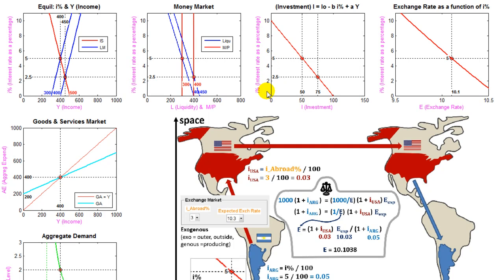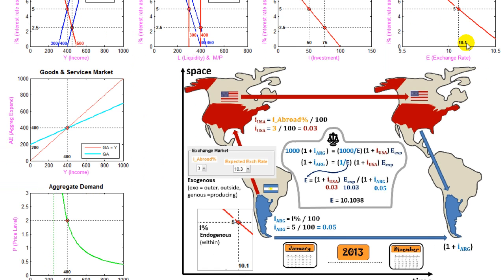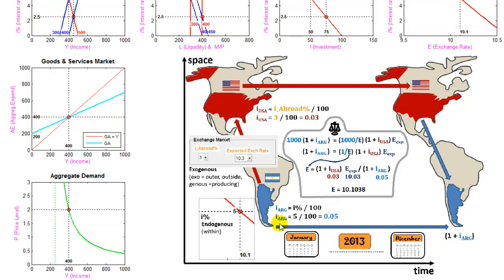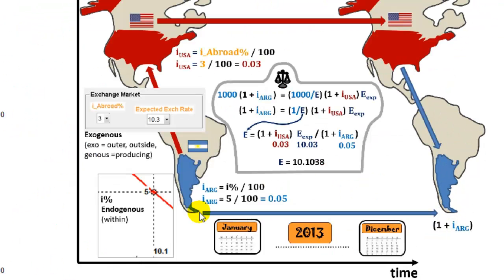Before doing the math for the new interest rate, let's remember what happened when the interest rate was 5, how we got this 10.1. The foreign exchange market is in equilibrium when investing here locally is equal to investing through the foreign country.